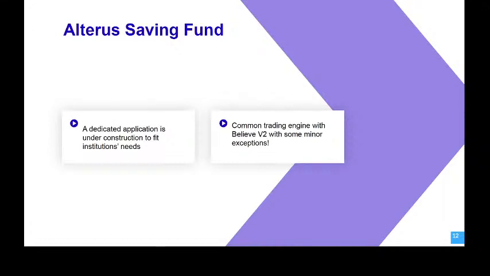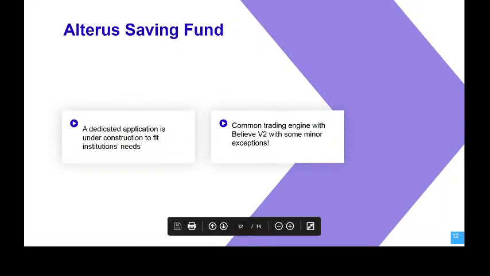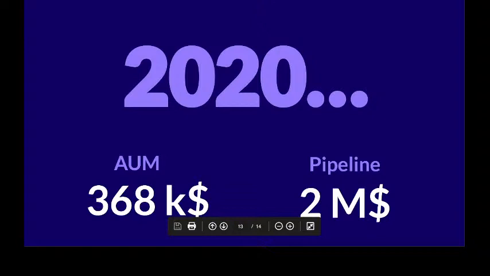So I will close this part with some data, metrics and statistics. So far, in both Altruist and V2, we have 368 dollars under asset under management, and in the pipeline, which is money we are expecting to have by the end of the year, is $2 million.